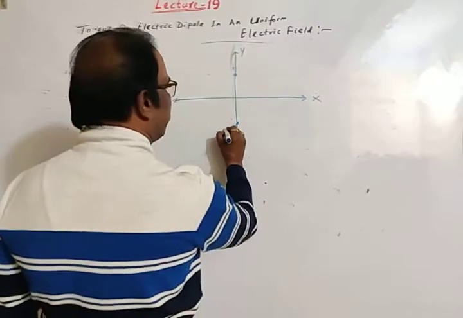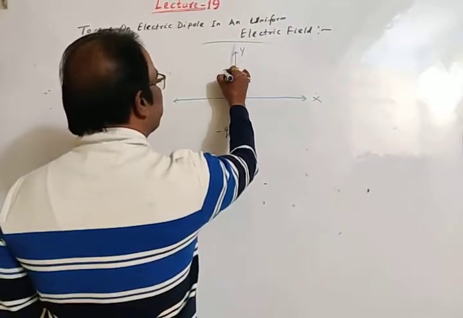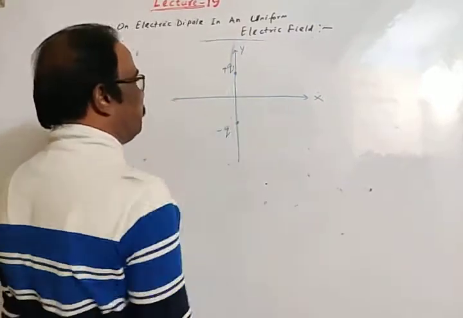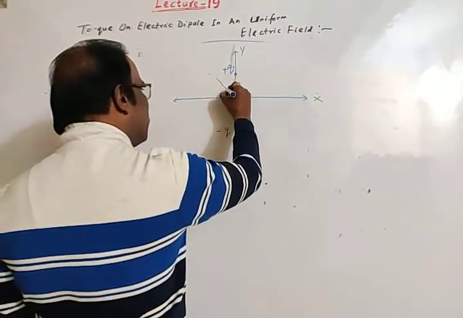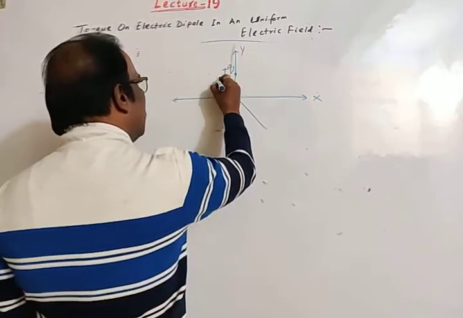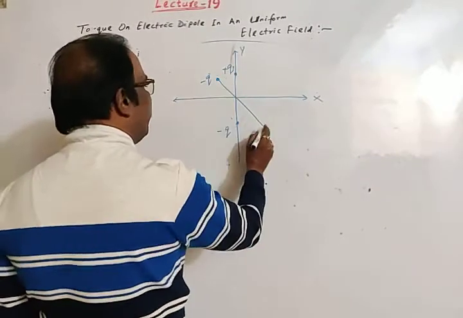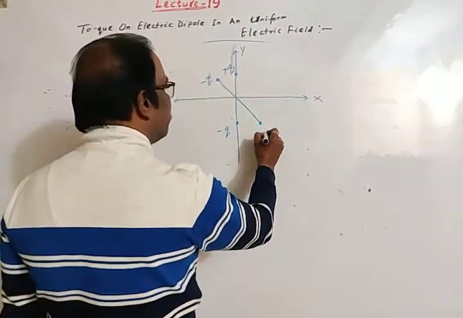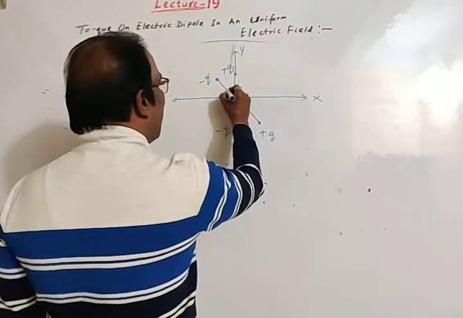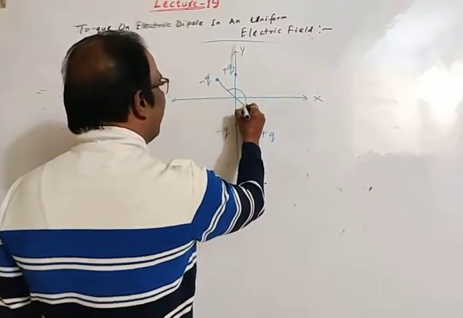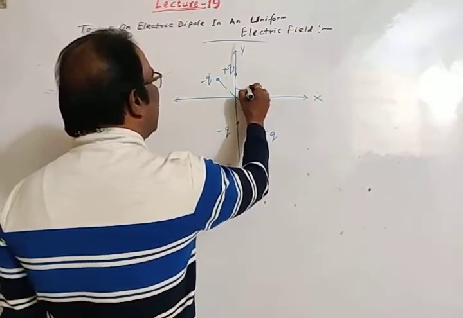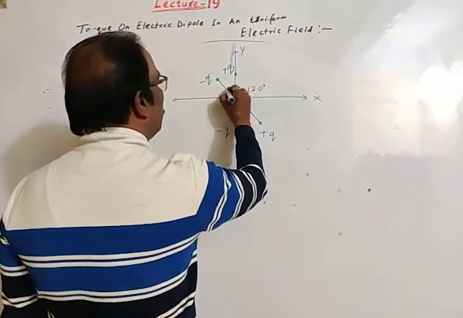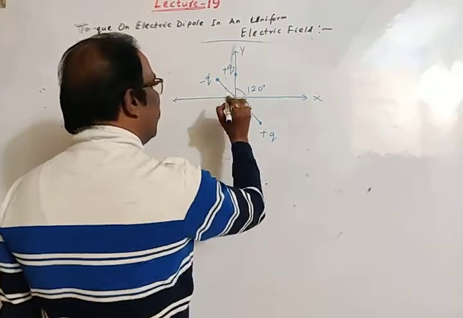Okay. This is minus q. This is plus q. Okay. Another dipole is placed like this. This is minus q and this is plus q. Let this angle be 120 degree.